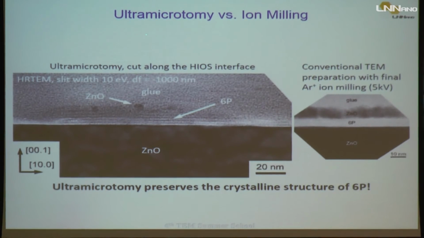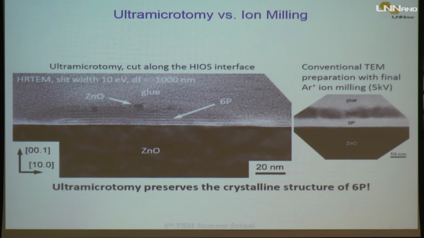Here's a comparison between ultramicrotomy against the ion milled prepared sample. You can see here that in the ultramicrotomy sample, you have the preservation of the crystalline structure of this region here. Here you cannot see any non-crystallinity.